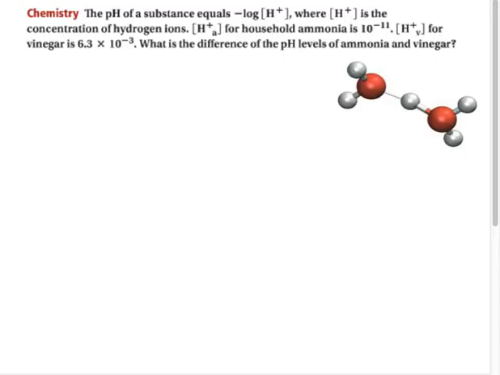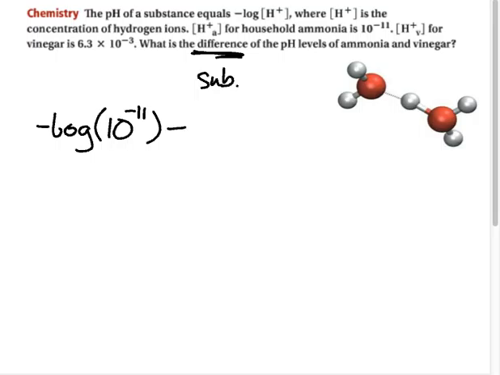All right, so the difference. Difference means subtraction, okay? So the difference between ammonia, well, ammonia, they said is 10 to the negative 11. The difference between ammonia and vinegar, so minus, but then we have a negative here.